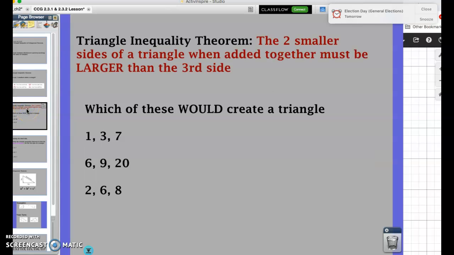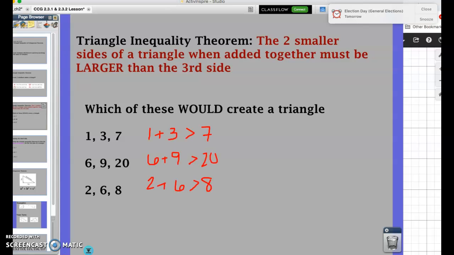So our triangle inequality theorem says the two smaller sides of a triangle, when added together, must be larger than the third side. Okay, so which of these would create a triangle? Use the triangle inequality theorem and put your answer down on the right side of your screen.